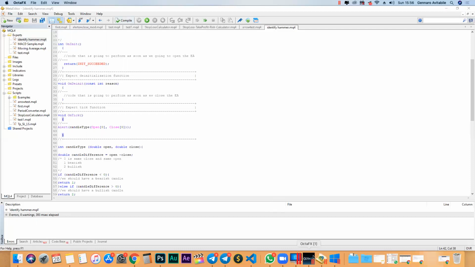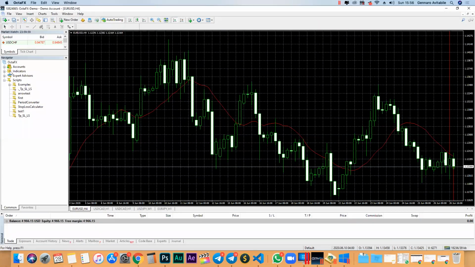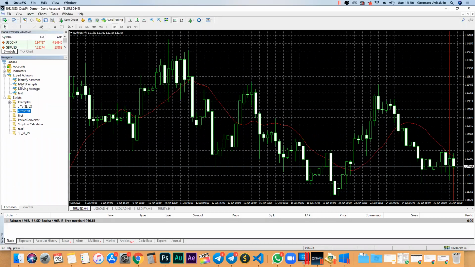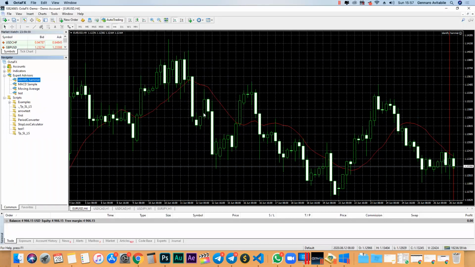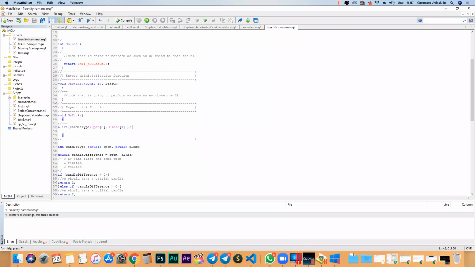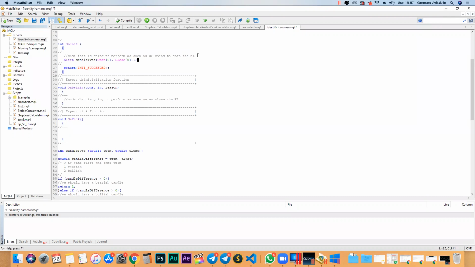Let's have a try. Expert advisor, identify hammer. Okay, it doesn't do anything, most likely because the price is not really moving. I think we should do this in here.